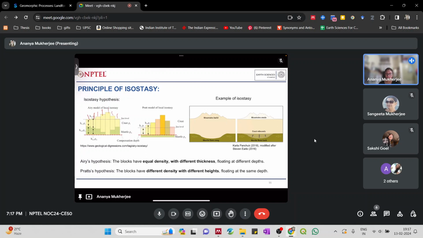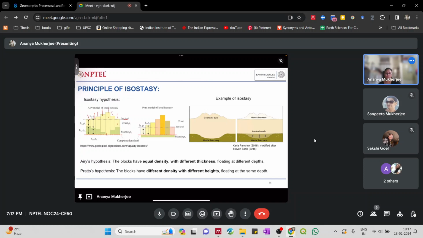There is one sea level that is seen. All of them vary in their thickness, but they have equal density. So if we take the average crustal density for all of these lithospheric columns, what you can see is that the height is adjusted based on that.